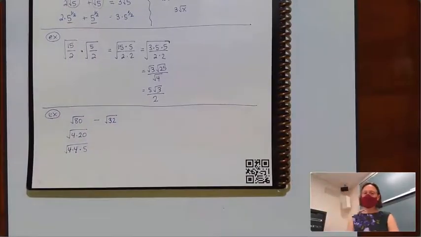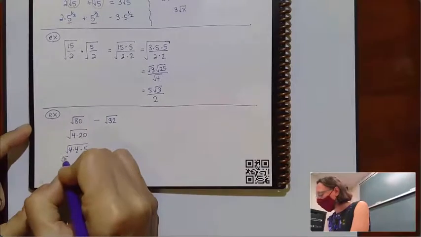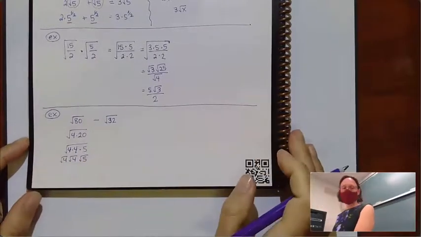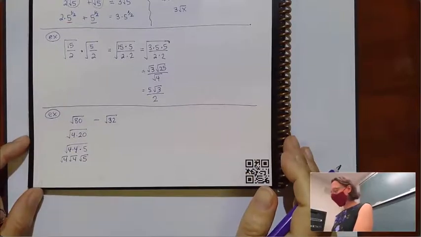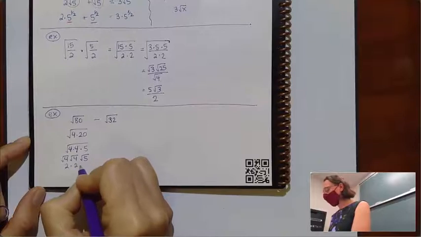Okay, so that'll work for me. Now I can think about that as the square root of 4 times the square root of 4 times the square root of 5, or 2 times 2 times the square root of 5.